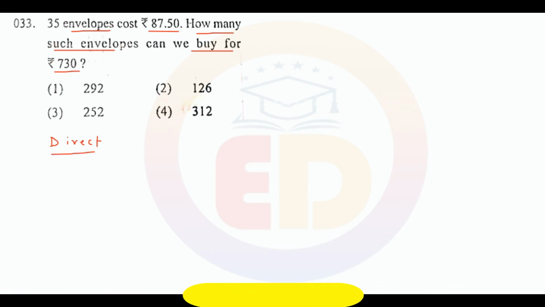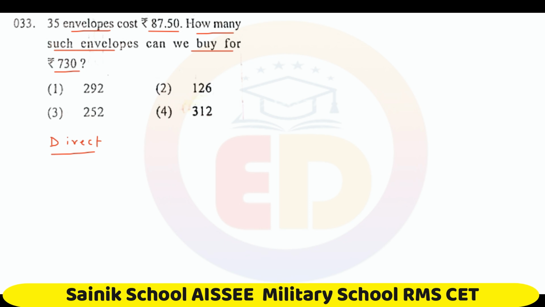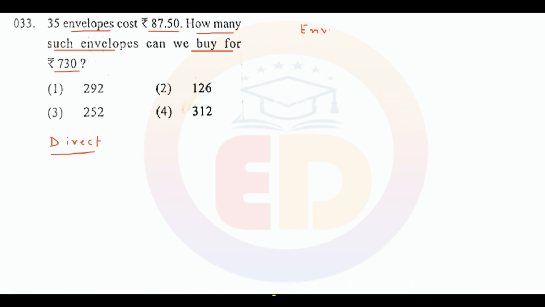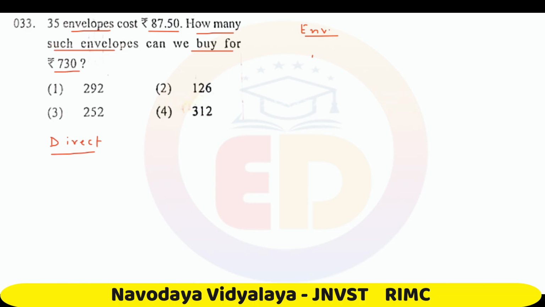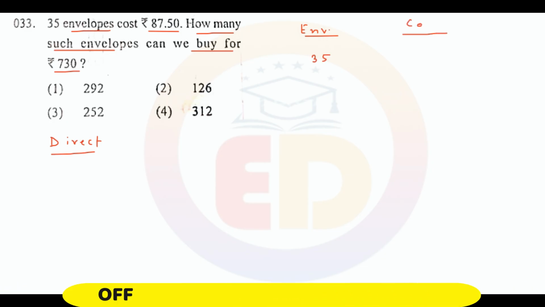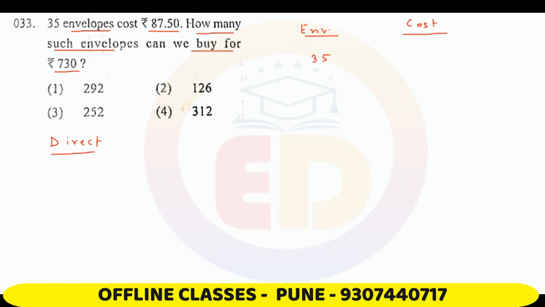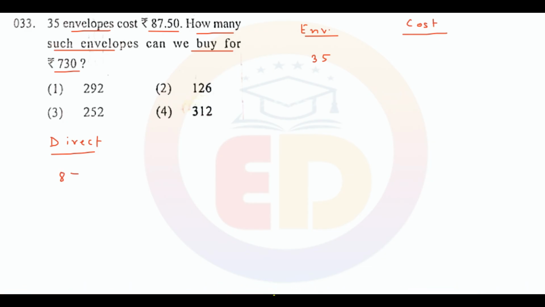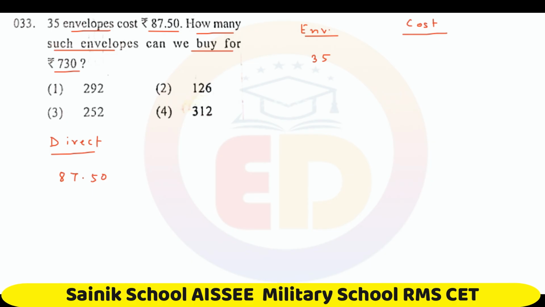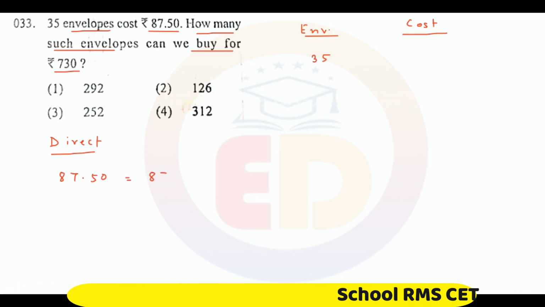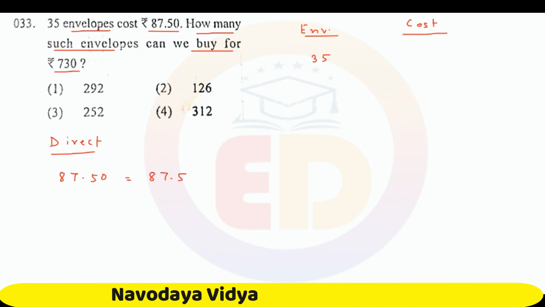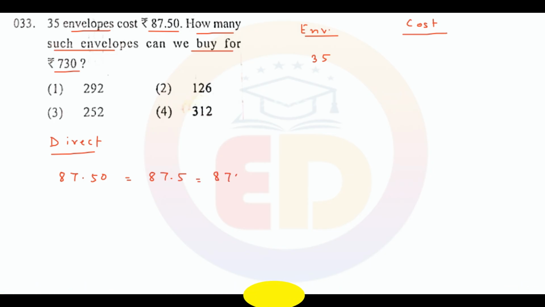For such a question, you make two columns. In the first column, you write envelopes, which are 35, and then write the cost. Now friends, the cost of 87 rupees 50 paisa is actually 87.5, and for easier understanding we can write it as 875.